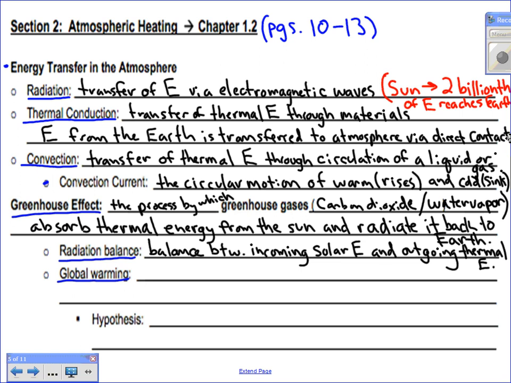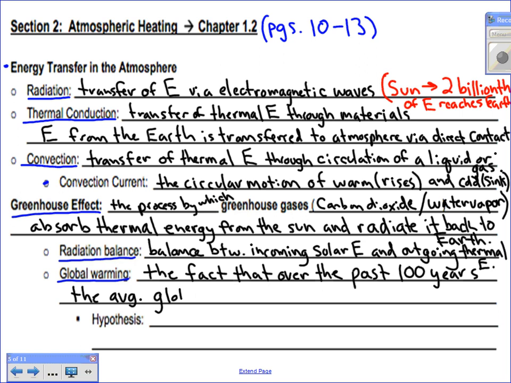Global warming is the fact that over the past 100 years, the average global temperature has been continually rising.